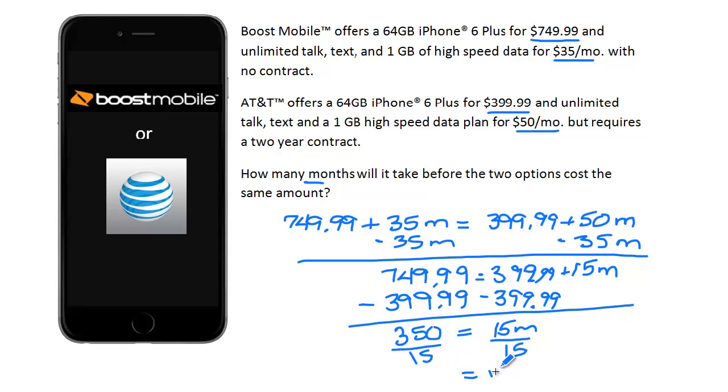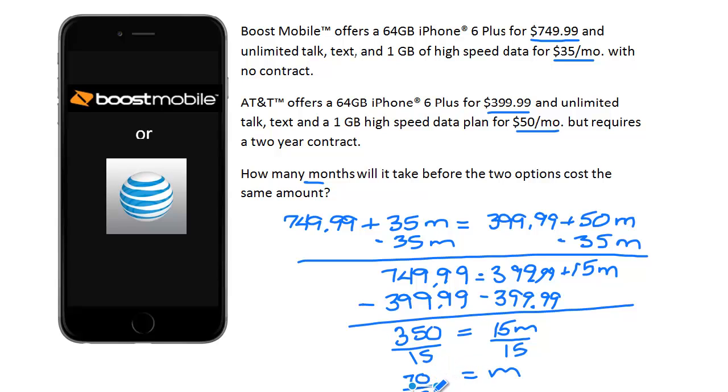And m is going to be equal to, again, no need for a calculator here because I see that there's a 5 in common. 35 divided by 5 is 7, so 350 divided by 5 is 70. And 15 divided by 5 is 3. But that doesn't seem like a reasonable number to most people. They would prefer to see it as a decimal or a mixed number instead of an improper fraction.